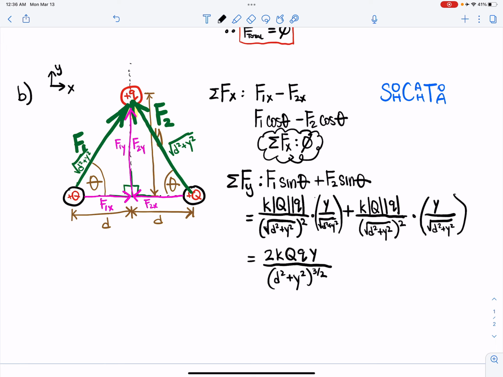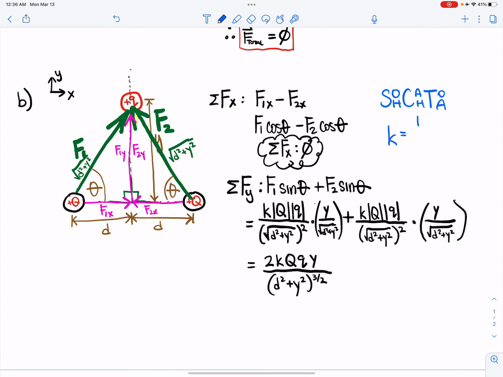And instead of k, I'm going to plug in k. Remember, k is just equal to 1 over 4 pi epsilon naught. So k is the electrostatic constant, and epsilon naught over here is the permittivity of free space, or how well the electric field works in a vacuum.